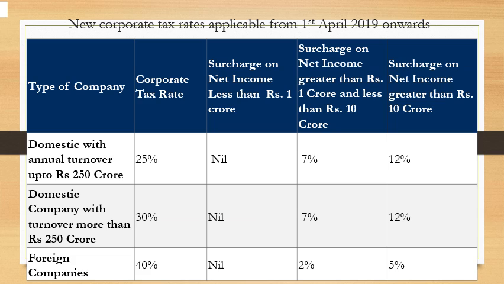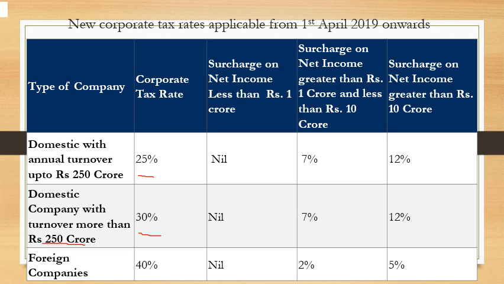So for a domestic company above 250 crores, the income tax rate increases from 25% to 30%. If the net income is less than 1 crore, no surcharge. If it is between 1 to 10, 7%. If it is more than 10, it is 12%.